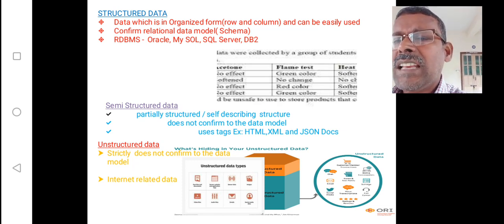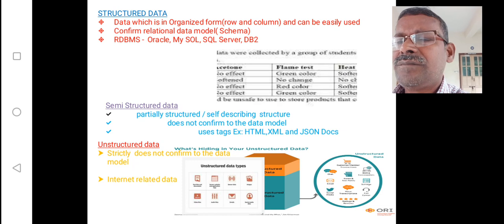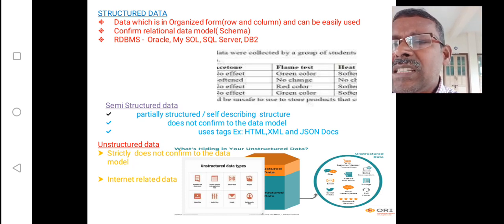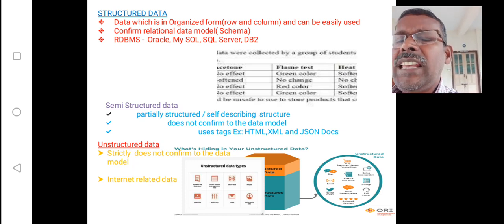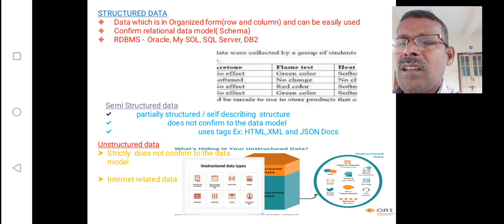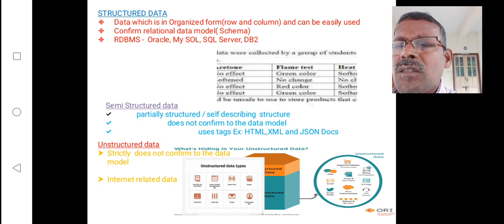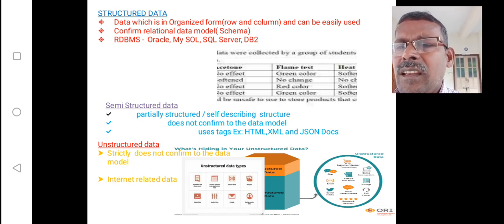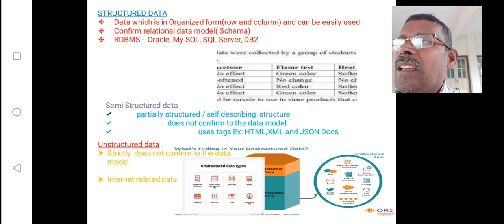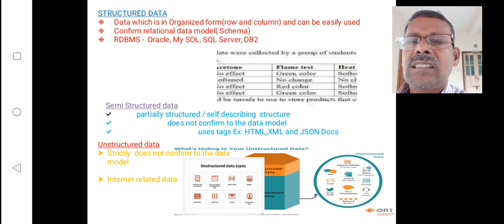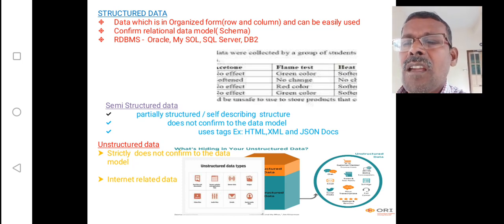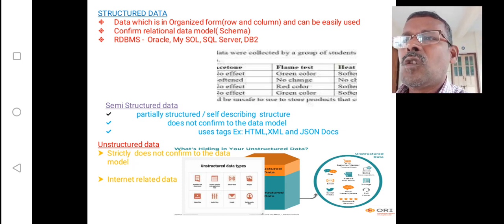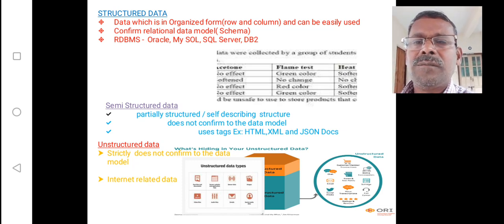Then come to understand semi-structured data. Semi-structured data is partially structured, or it is a self-describing structure. The self-describing structure is achieved by using HTML tags. HTML is a documentation language, as we know very well. For better documentation, many tags are used.